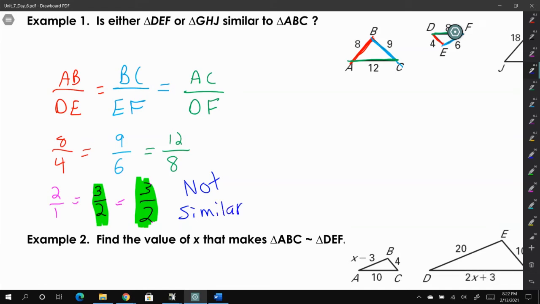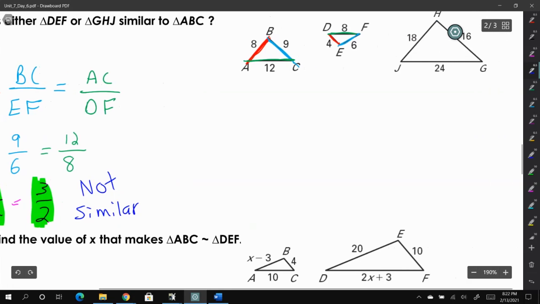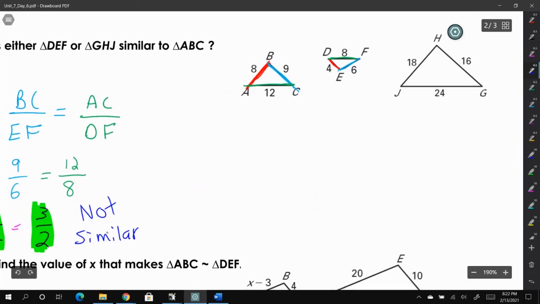All right, now let's do the same thing with the other triangle. So I'm going to use the same colors. AB was red, so the smallest side in the last triangle is HG. Okay, then I'm going to go to light blue again. 9 is the second longest side, or second smallest side.